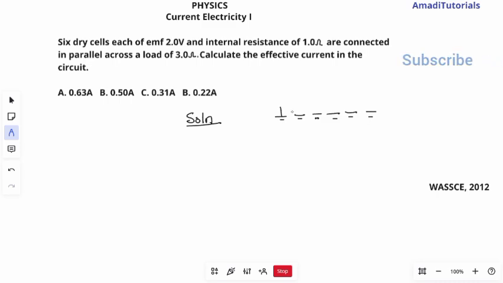Connected in parallel means something of this nature. So this is a parallel connection.